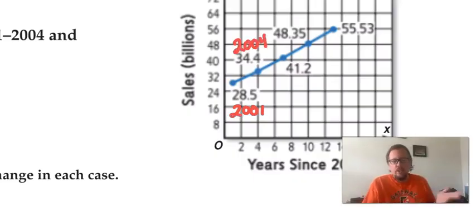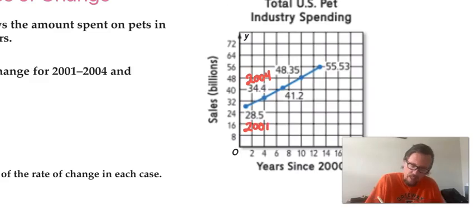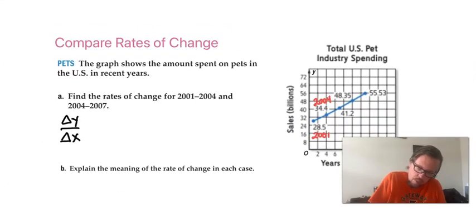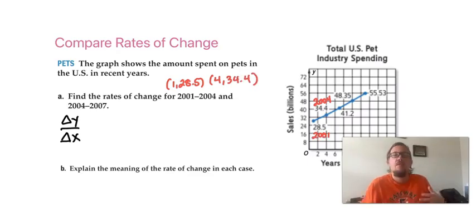So the coordinates are actually (1, 28.5) and (4, 34.4). The year is 2004, but since the x-axis is measuring years since 2000, it's just the number 4.